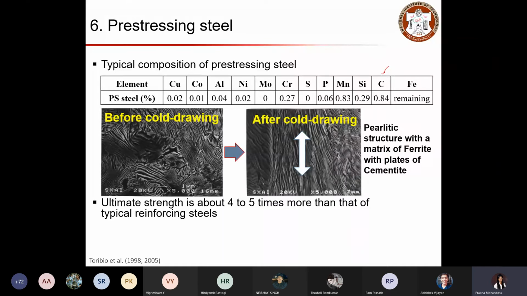So this contributes to the high strength, and this also leads to a reduction in ductility. So your pre-stressing steel is in general brittle compared to your TMT rebars, but it has high strength. So typically, to keep our structure safe, we want the pre-stressing strands to be in their elastic stage, so that there will not be any permanent deformation which could lead to a brittle failure over time.